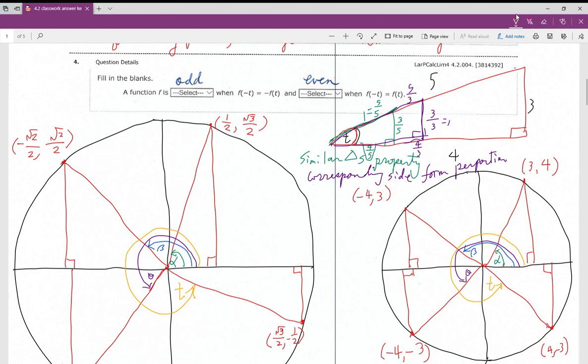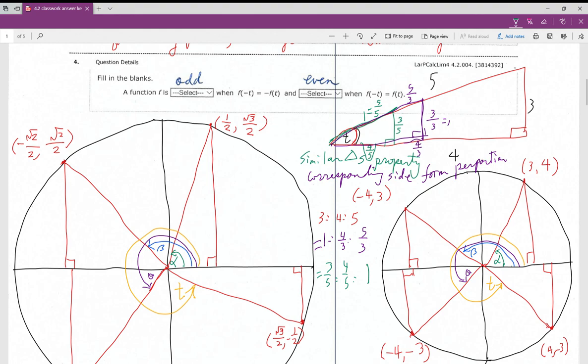So for the big triangle, you have 3, 4, 5, right? Then for the purple triangle, you have 1, 4 over 3, and 5 over 3. If you multiply by 3, 3, 3, you have 3, 4, 5, right? So it's the same proportion. And for the green triangle, you have 3 over 5, 4 over 5, and 5 over 5, which is 1. If you multiply by 5, 5, 5, you go back to 3, 4, 5.